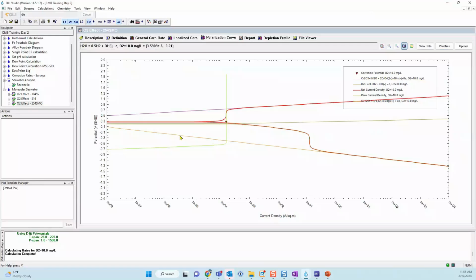It's using another algorithm. It doesn't have to do anything with the cathodic and anodic reactions. And if you go to 10 to the minus 2 amperes per square meter, and you put it below the corrosion potential, you'll see that the repassivation potential is lower. It would be right here, lower than the corrosion potential, and that's why you're having localized corrosion damage.